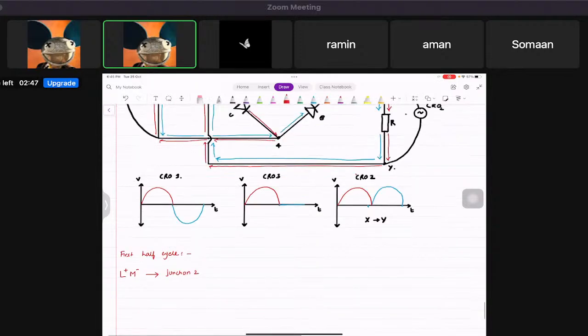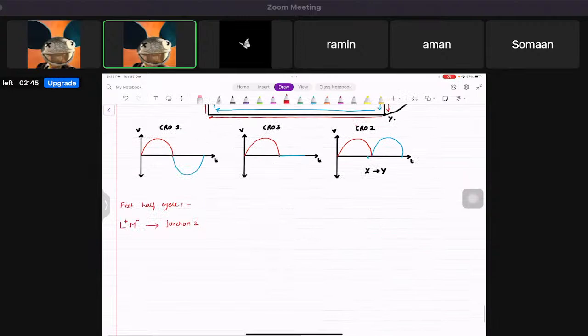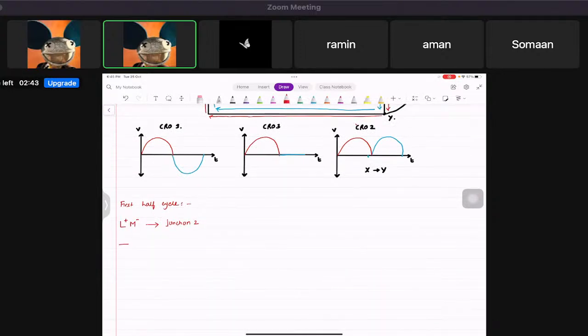It went to junction 2, and from junction 2 it had then gone via diode A, and I'm not writing D because it's reverse biased. You can check it on the diagram as well.